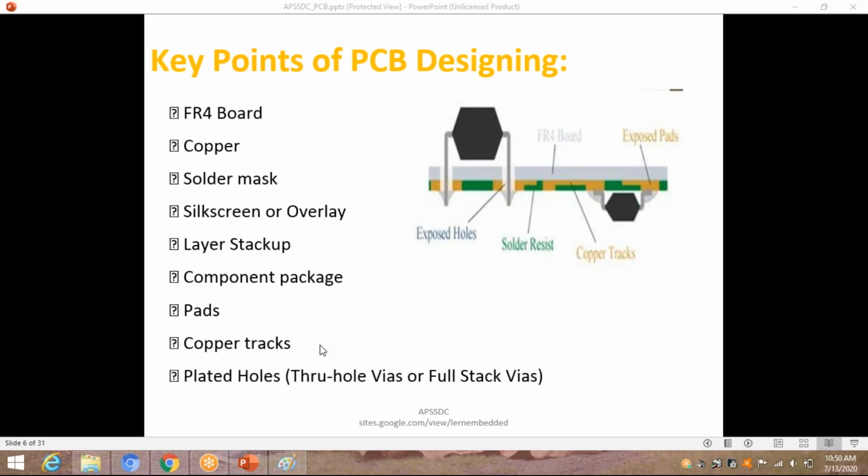Copper tracks are nothing but the electrical connections between the component terminal to terminal. Is it clear, guys? Copper tracks can also be called as traces or tracks. Okay, sir. Tracks and traces are the same.